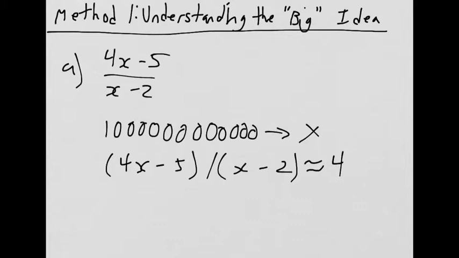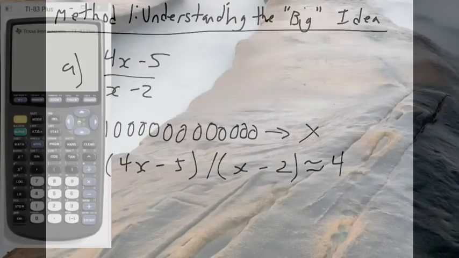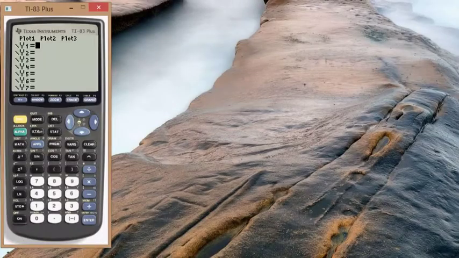Right? You can even go in your calculator and graph that function. So if you go in your calculator and you put in the function 4x minus 5 divided by x minus 2.